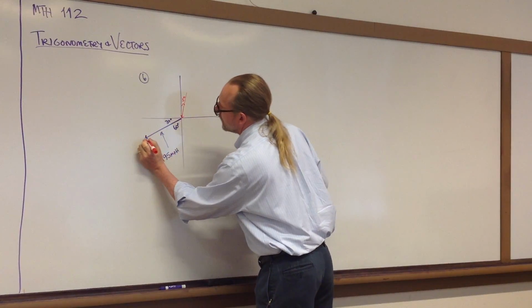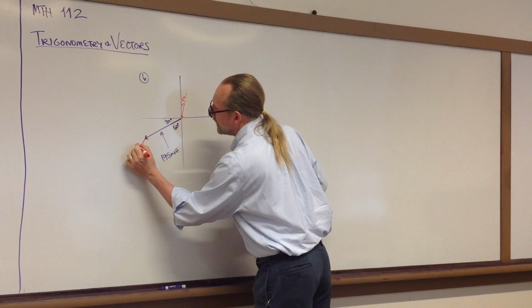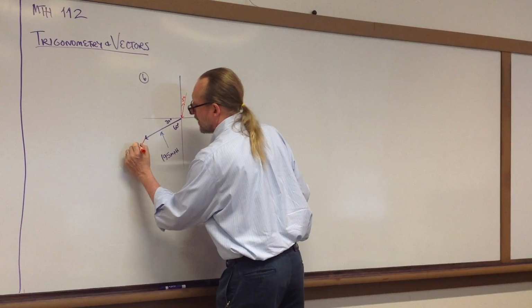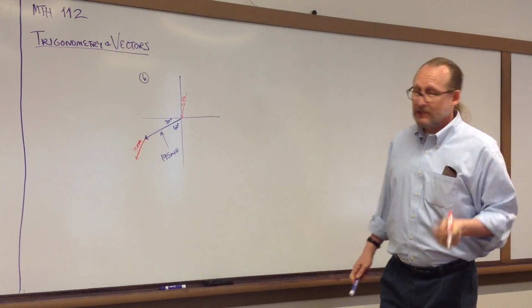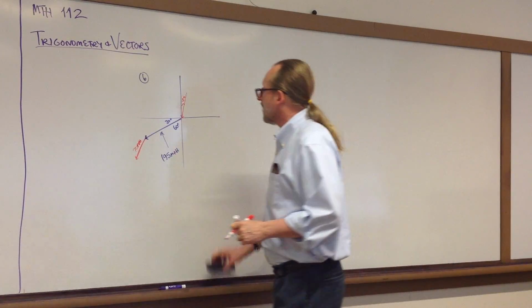So it'll be something like that. And this will be 70 miles per hour. So that's a very strong wind. It's going to have a significant effect on the helicopter.